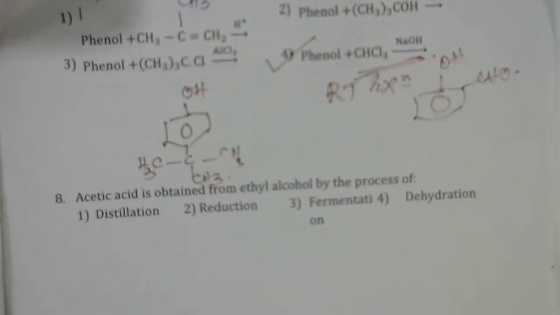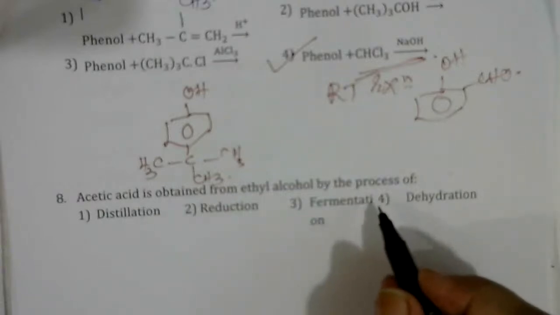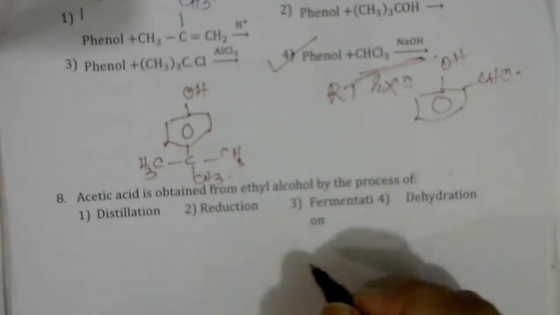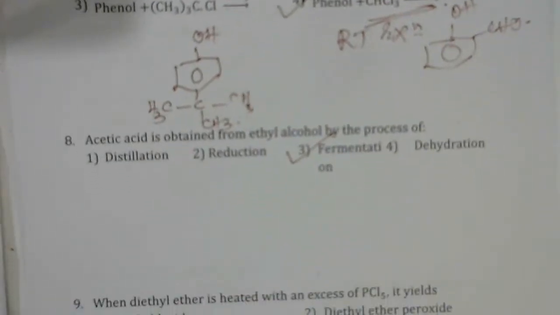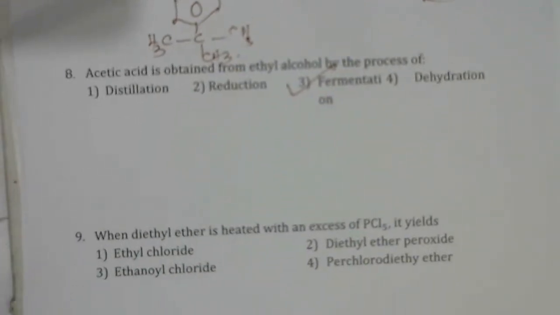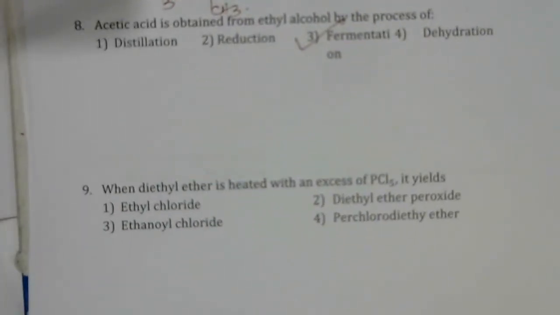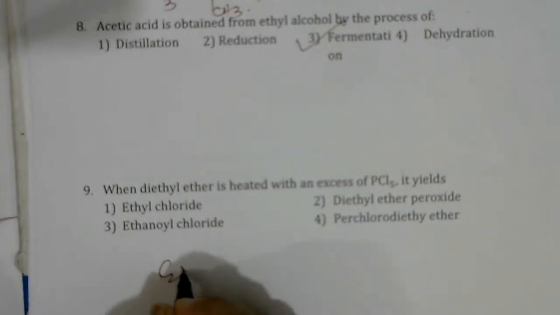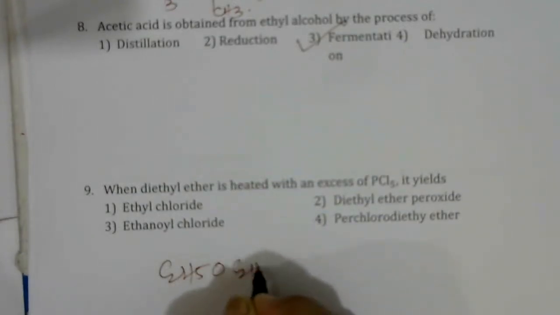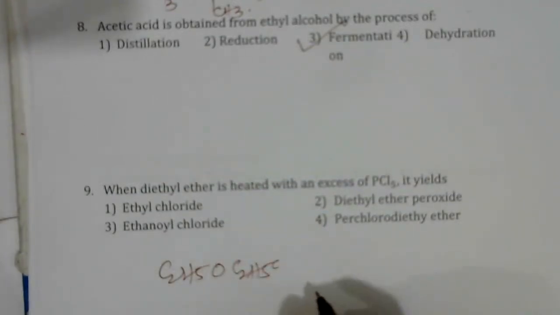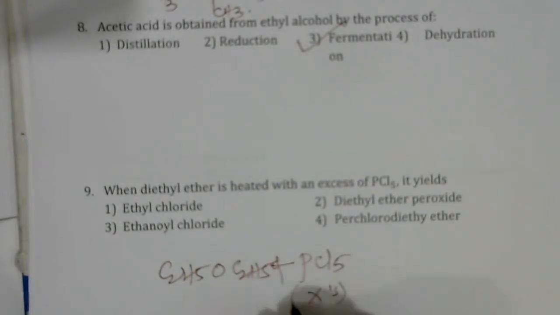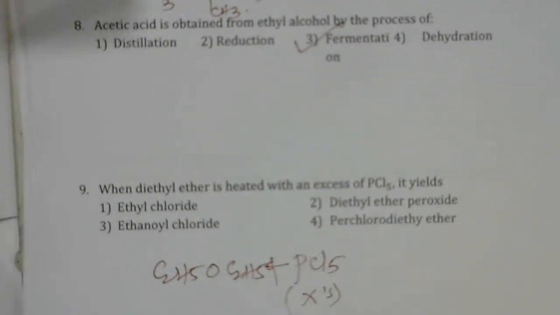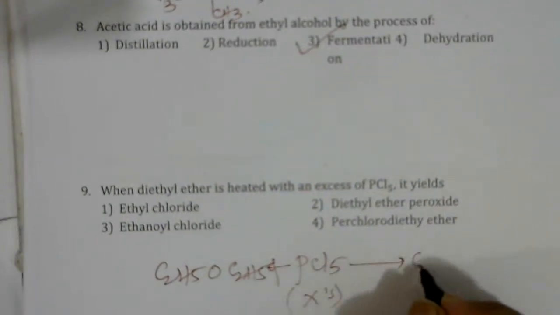Next one. Acetic acid is obtained from ethyl alcohol by which method? By the fermentation method. It is a theory-based question. When diethyl ether is heated with excess of PCl5, what will we get?